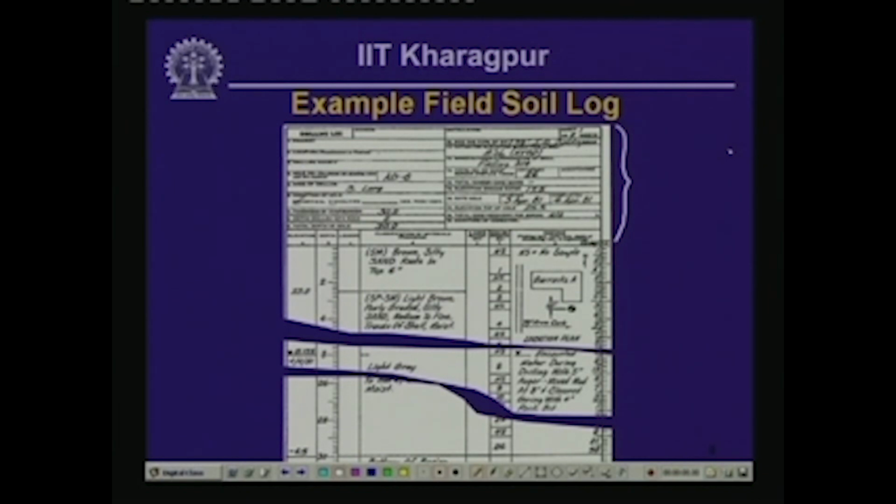So, all these things are mentioned in the header portion of this particular format of hand log, and there are several other types of hand logs available, but they are very similar qualitatively. So, this is the header portion that we talked about, and the content of the header portion is also mentioned.